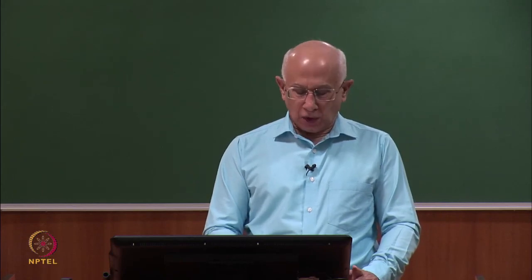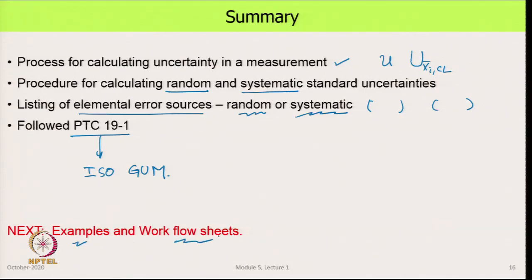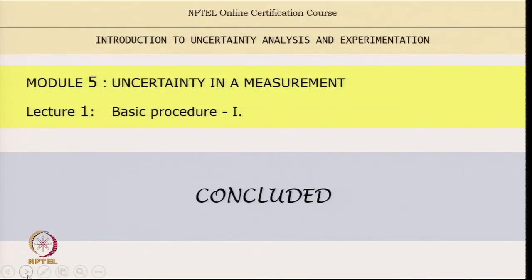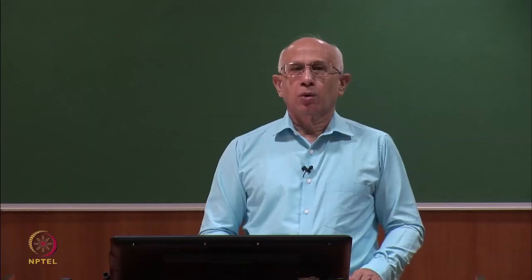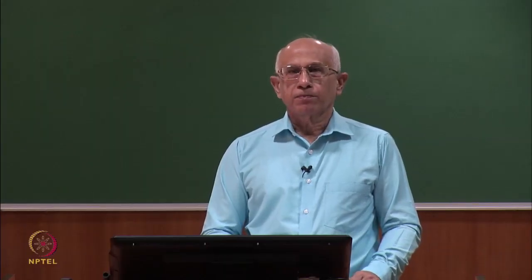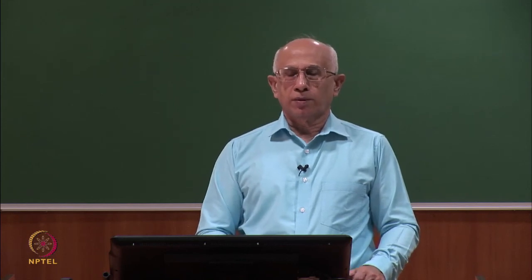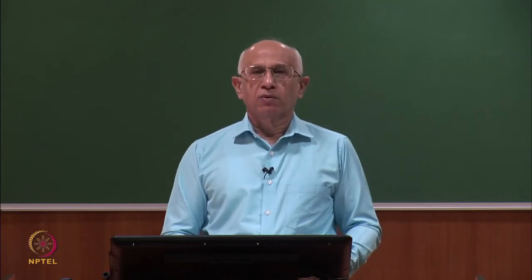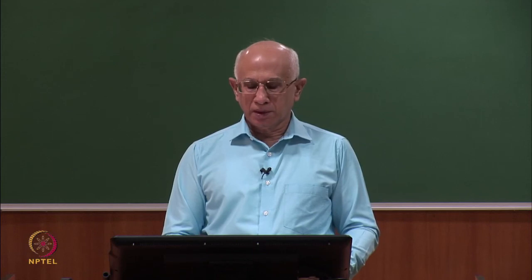We will then also look at examples and finally workflow sheets as to how to go about performing uncertainty analysis in a measurement in a step-by-step procedure. On that count, we conclude this lecture, which is on the basic procedure for calculating uncertainty in a measurement.